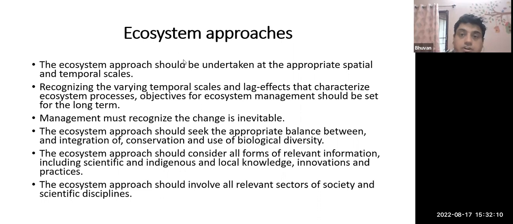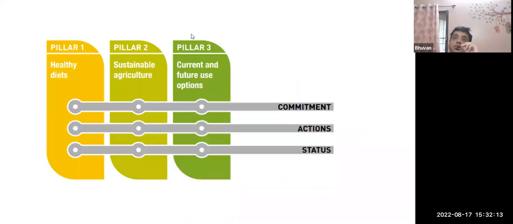Then we talk about the agrobiodiversity conservation index, and in this we have three pillars which are associated with it. First one is the healthy diet. The conservation of the biodiversity must ensure that the agrobiodiversity which is conserved should provide healthy diets. The second point is the sustainable agriculture. The sustainable agriculture point of view must be integrated in the conservation plan of the biodiversity.